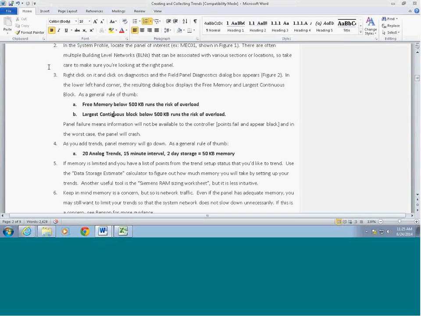And as we were just talking about, if you are in a territory where you have low trends, you do make some changes, add new trends, eat up some of that memory. It's important to go back and verify correct operation. So normally what we used to do was look the day after. Right after we make the change, make sure that if we go to graphics, nothing backs out, that you actually see things communicating.